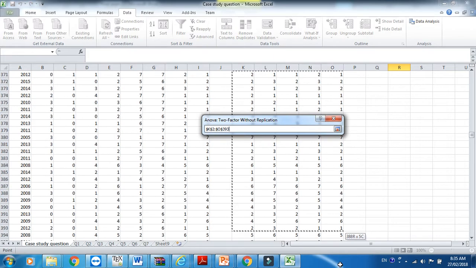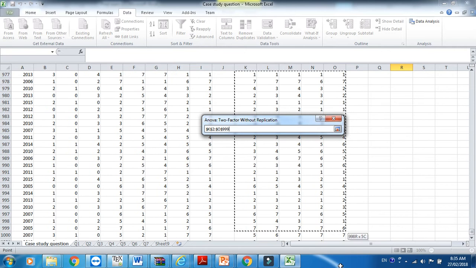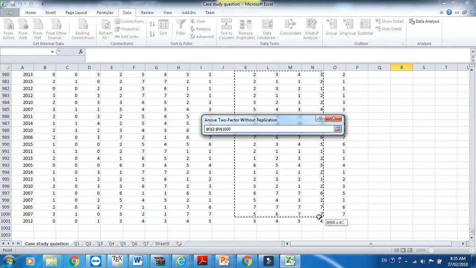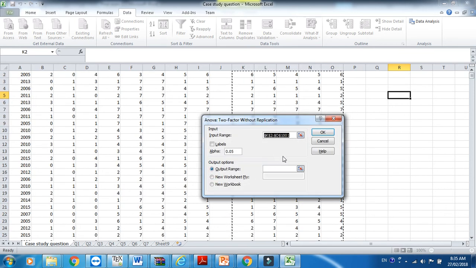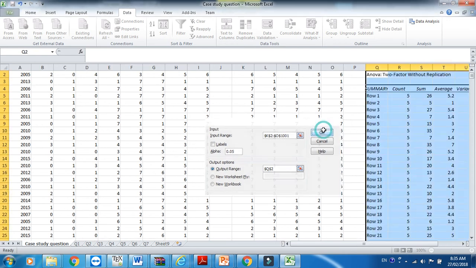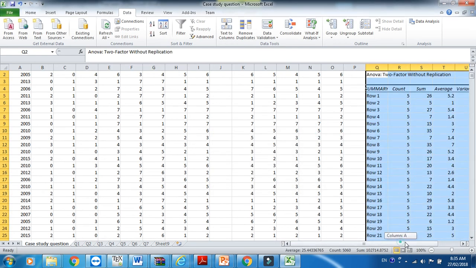When you select the data, this is 1000 records, and over here I'm not checking labels. For the output range, let's write it somewhere over here and do the calculations, and these are the calculations.